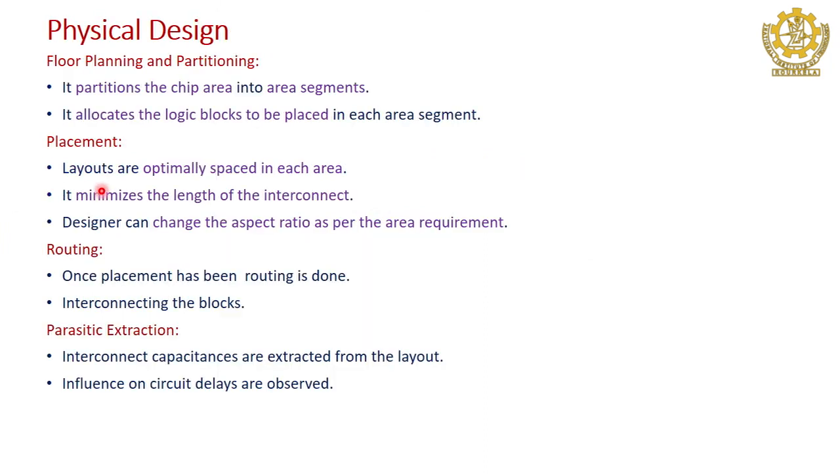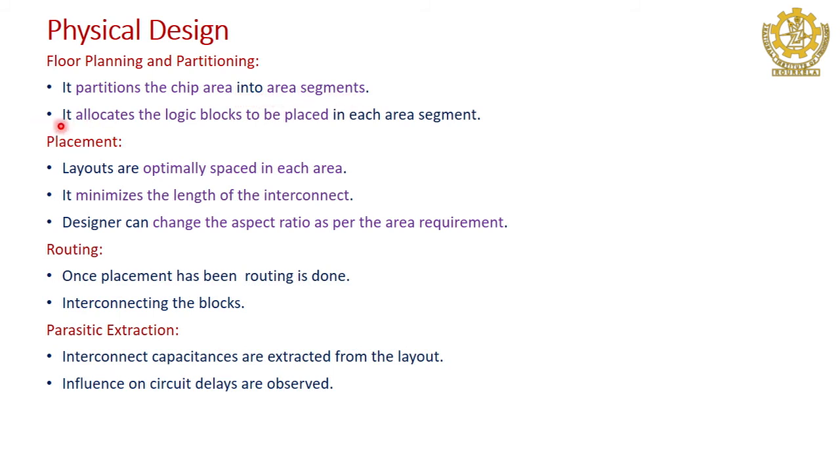Then towards the end of the flow we will end with the physical design level. Physical design, I told, has floor planning, partitioning, then placement, then routing, then finally something called parasitic extraction. Floor planning and partitioning partition the entire chip area into different small area segments.